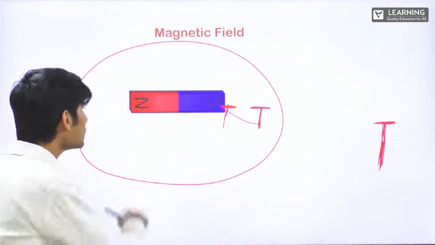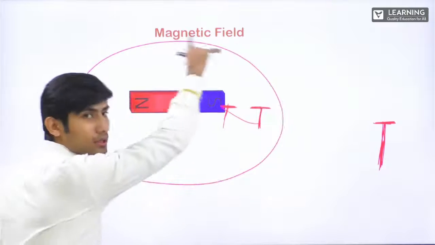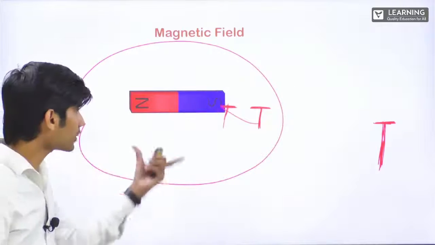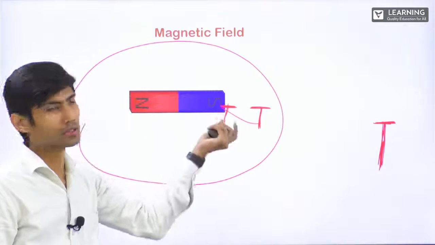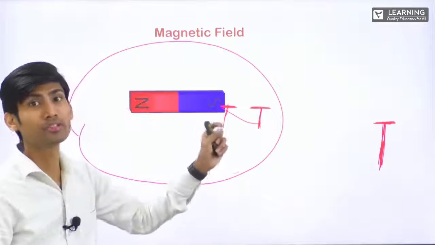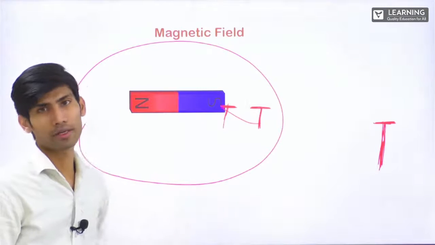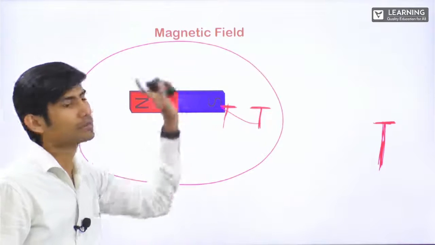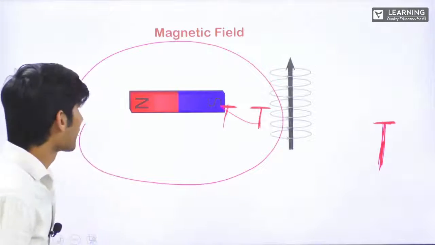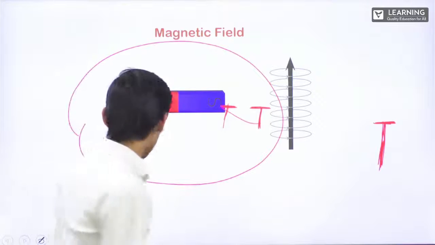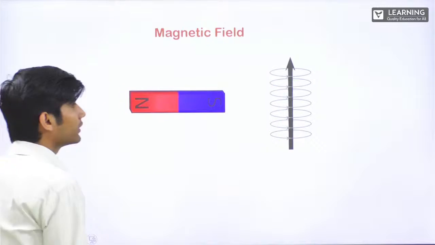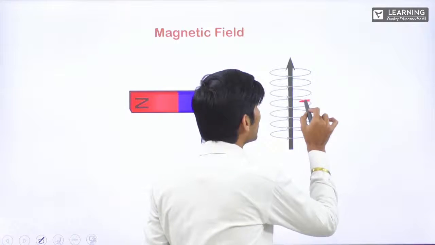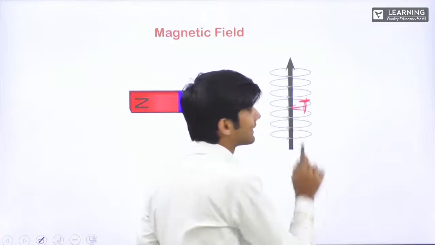Okay, so around this magnet there will be something, some imaginary field. Actually the field is not imaginary, the lines are imaginary, which we make to denote the magnetic field. Around this magnet there will be an influence. That influence is known as magnetic field. Clear? If there is a current carrying wire, around it also, if you bring an iron nail and keep it here, it will immediately get attracted to it.